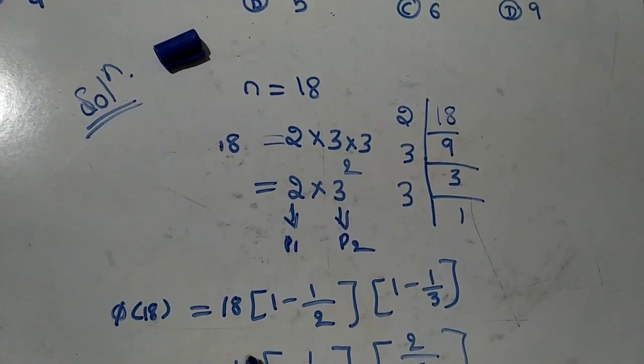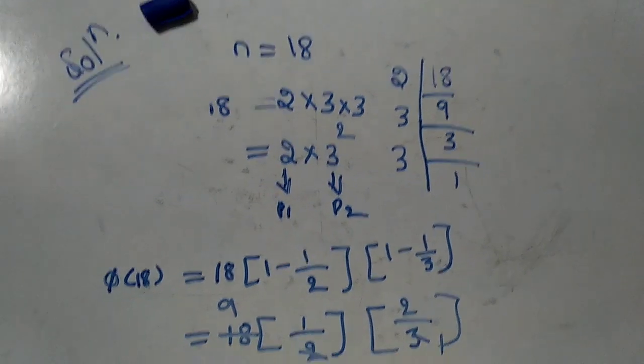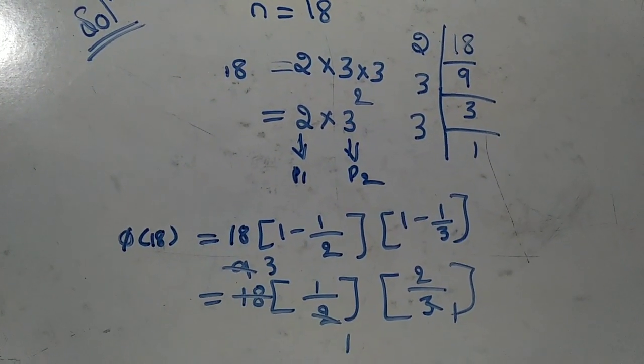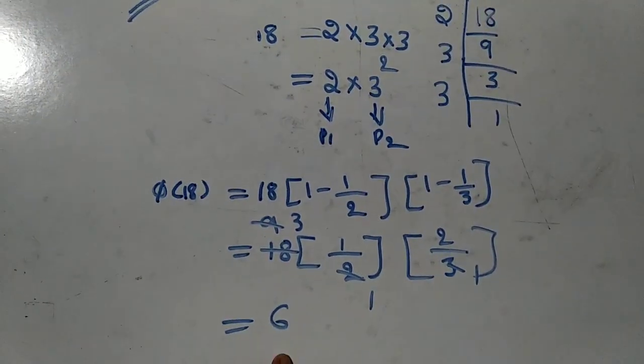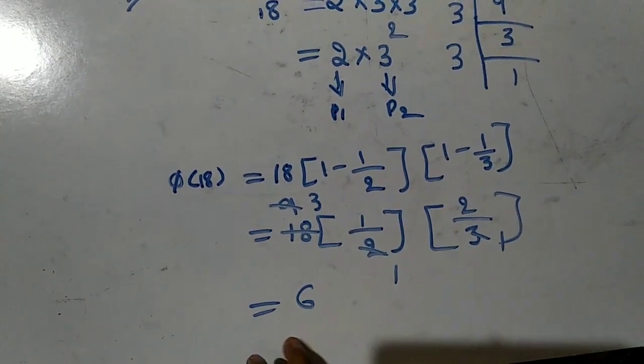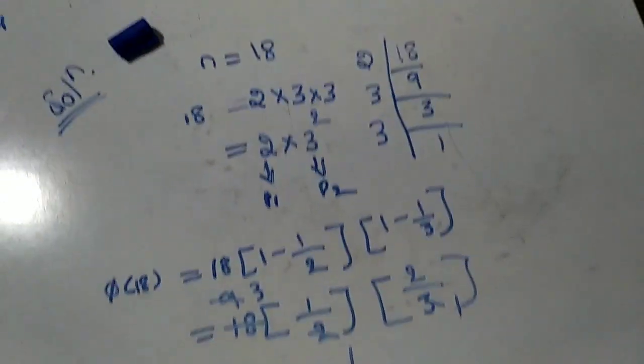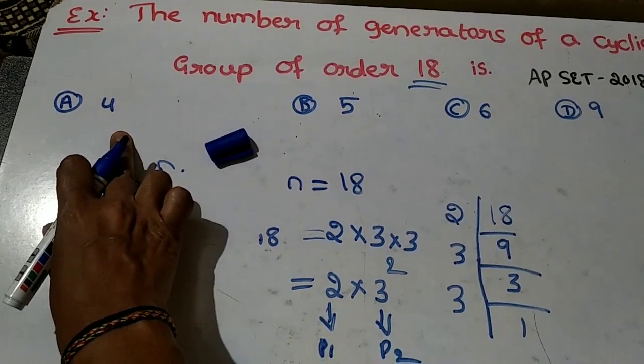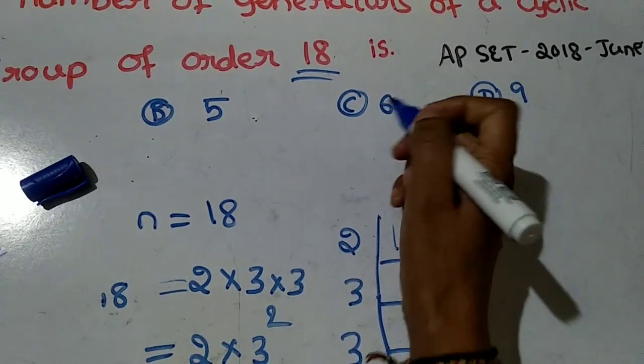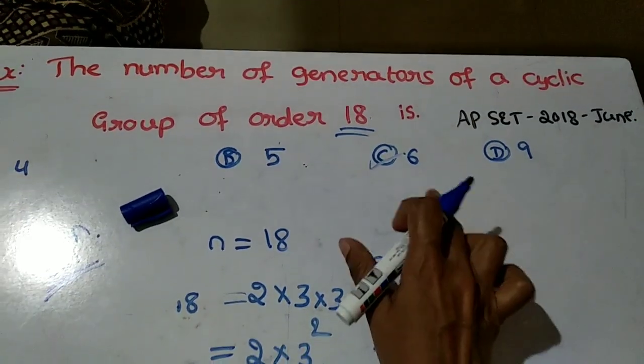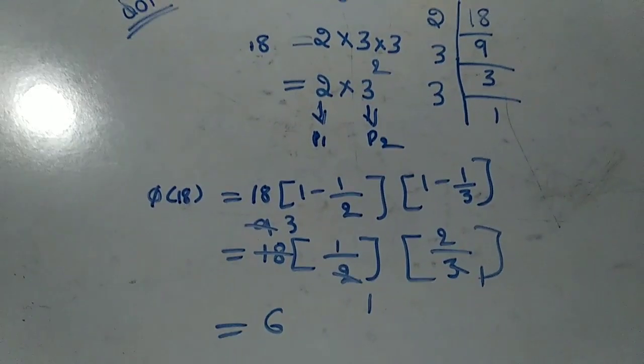Yeah. 2 ones are 2, 2 nines are 18... 3 ones are 3, 3 threes are 9... So my final answer is what? 6. So is this 6 there in the options? Let me check. Option A 4, option B 5, option C 6. Yes. So this is the correct option which we get here.